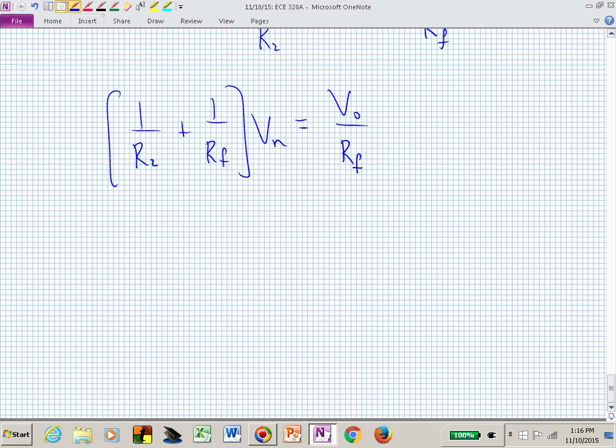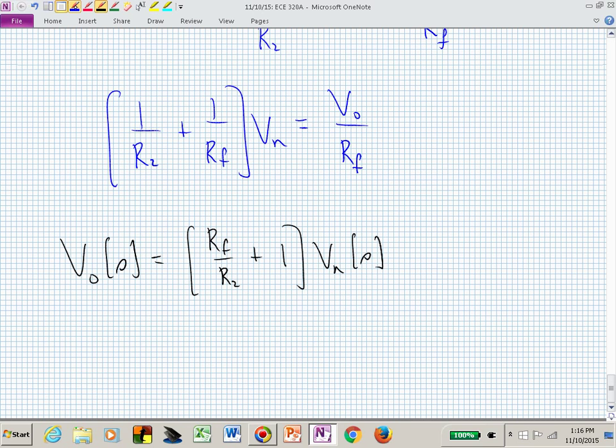If I solve that for V sub o, or just multiply both sides by R sub f, I now have R sub f over R sub 2, plus R sub f over R sub f, which is 1, times V sub n.